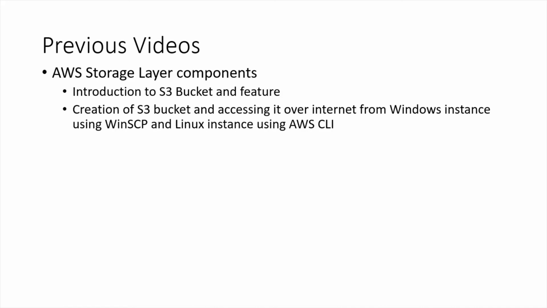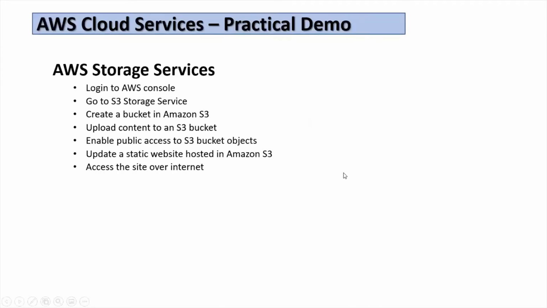So in this video, as a part of this practical video, we will cover storage services, but in this we will create a static website that we are going to host over Amazon S3 service.